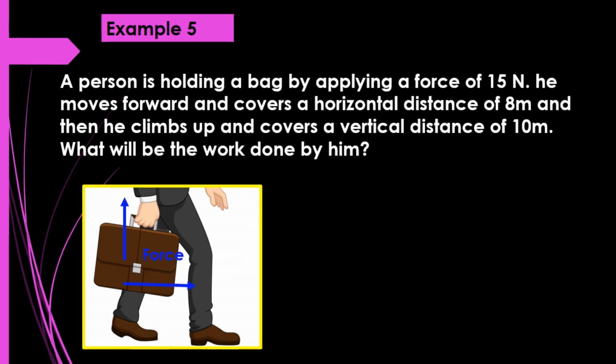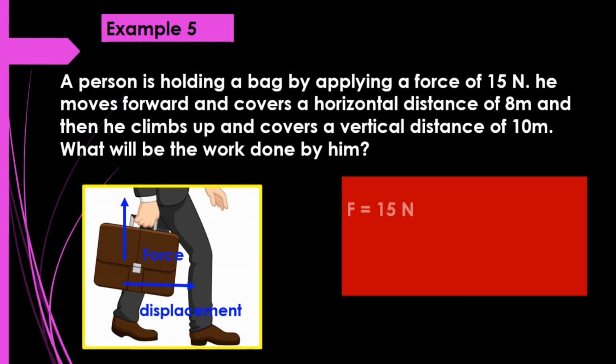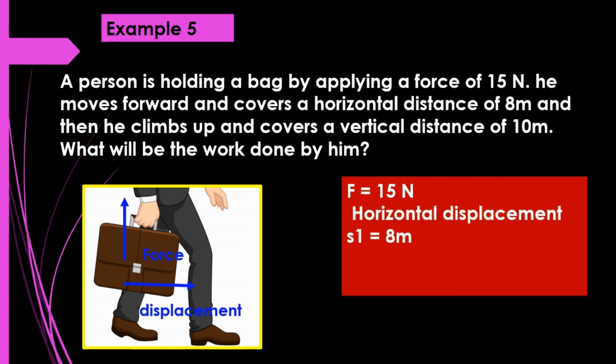So when he is moving horizontally, this is the direction of force and displacement. So force is given here 15 Newton and horizontal displacement is given S1, it is 8 meter, and the vertical displacement S2 is 10 meter. Let's find out the work done separately.